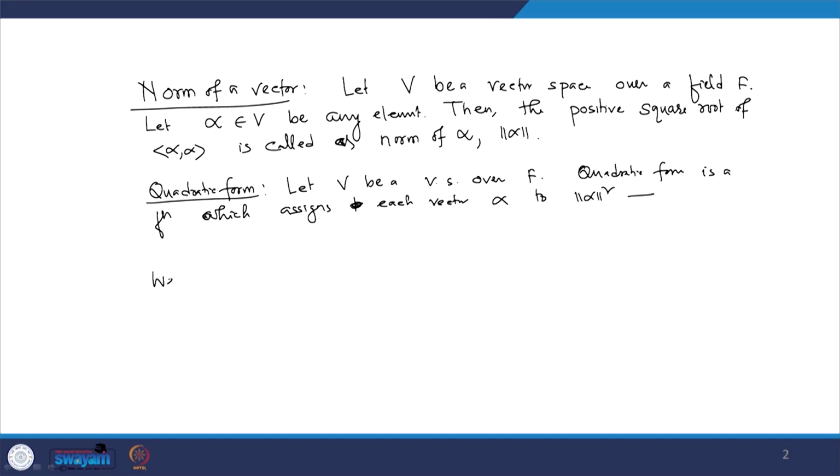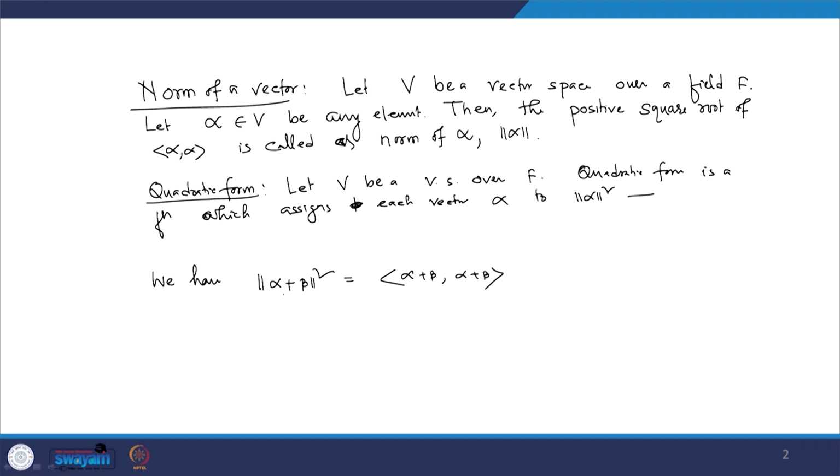We have, if I consider norm of alpha plus beta whole square, this is equal to what? According to definitions, it is equal to inner product of alpha plus beta comma alpha plus beta.